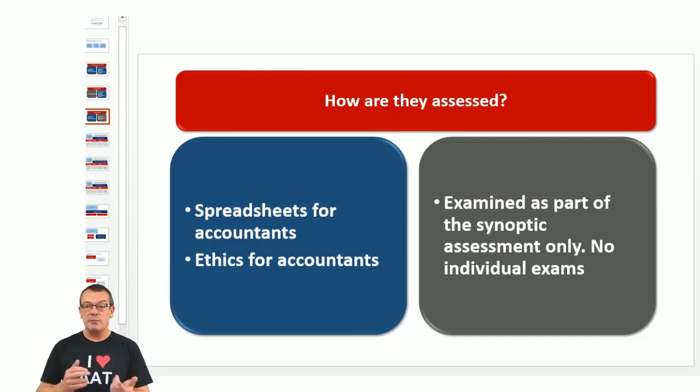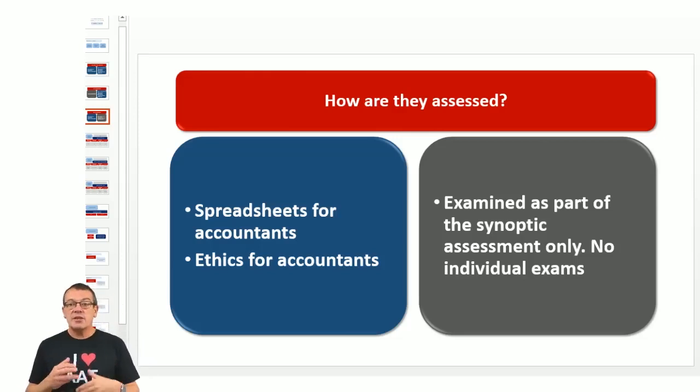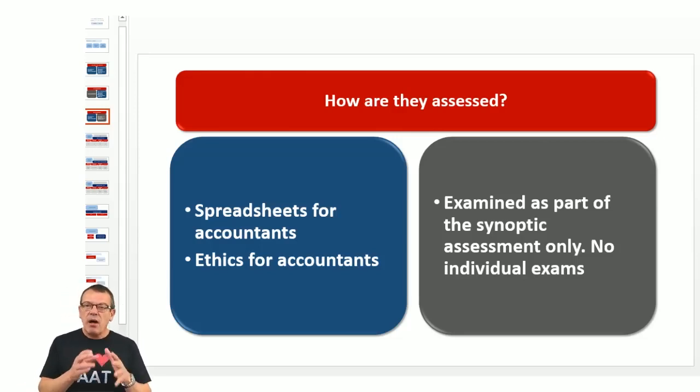So important development here, whereas the other units I just talked about are examined individually and the synoptic, your spreadsheets and your ethics are not examined on an individual basis. They are only examined within the synoptic assessment. Now, when this was developed, the synoptic assessment, what the AAT decided was that these were still parts of the qualification spec at level 3. However, they would form the basis of the synoptic assessment, if you like.